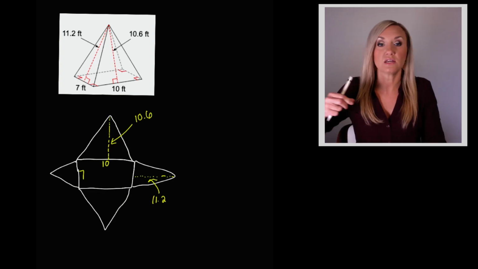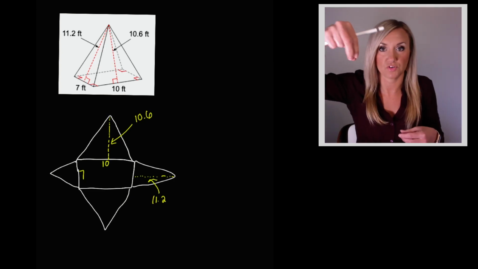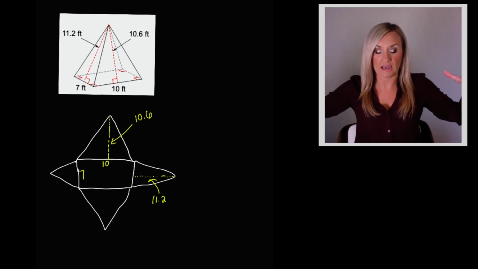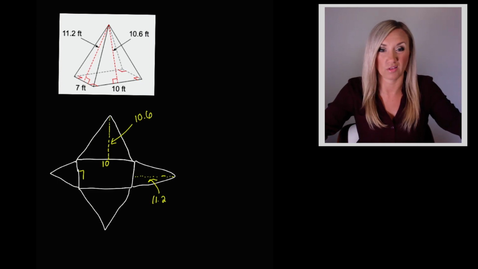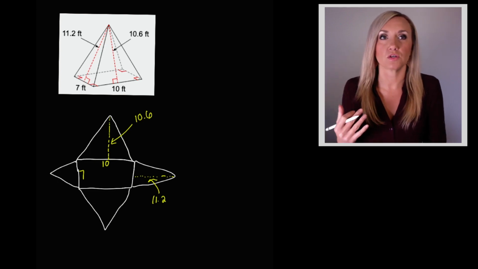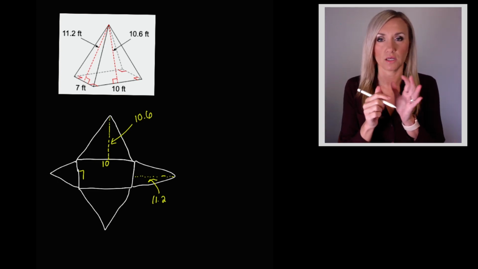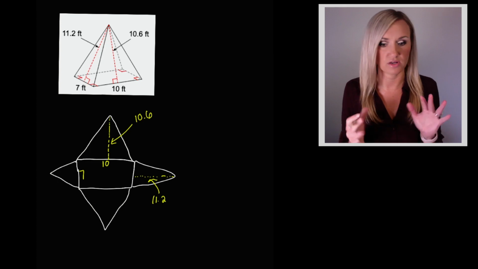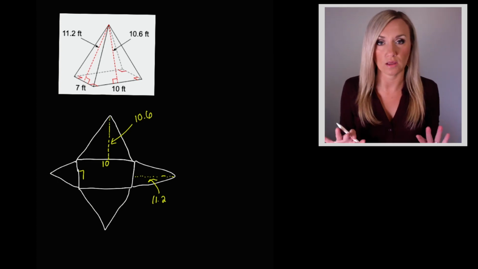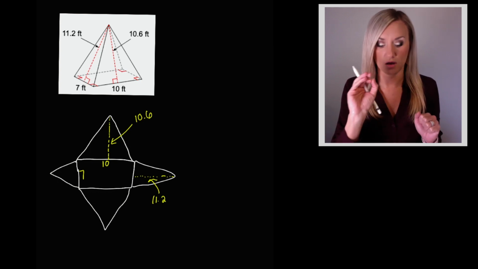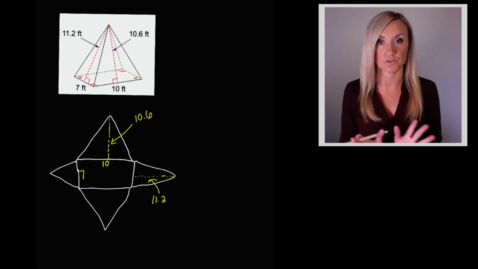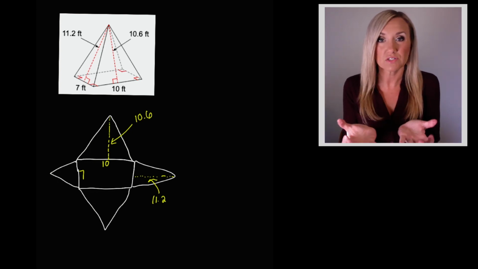Okay, so hopefully you can visualize the top of your pyramid. If we just cut the top of it off and it just laid flat, that's what it would look like, kind of. Sorry. Okay, so if surface area is the area of everything that we can touch, then couldn't we find the area of each of those 5 parts, the base and then the triangles, and just add them all up, and it would give us our surface area?